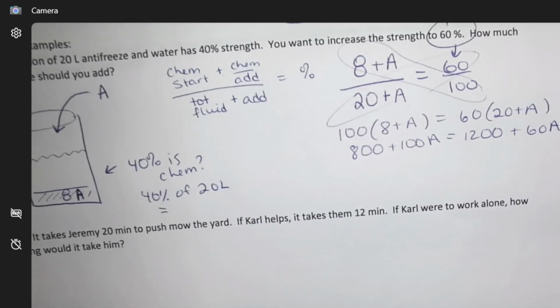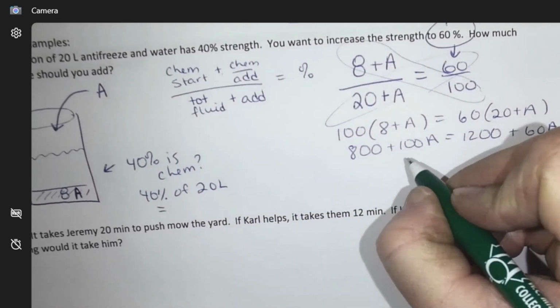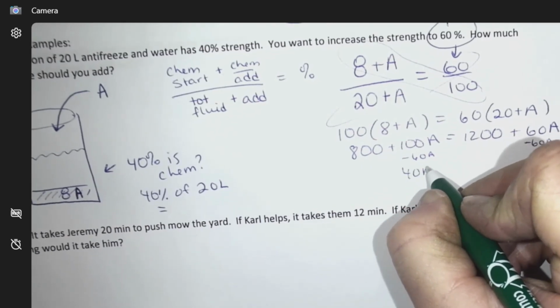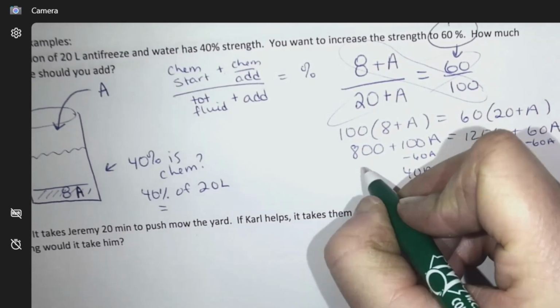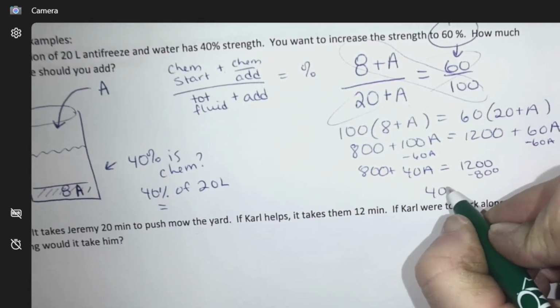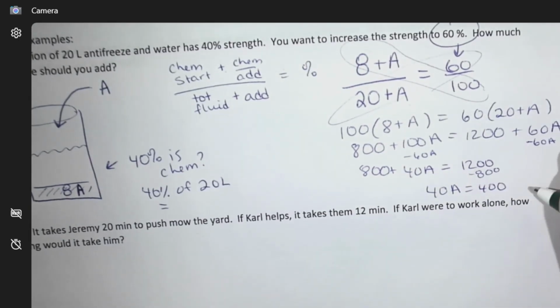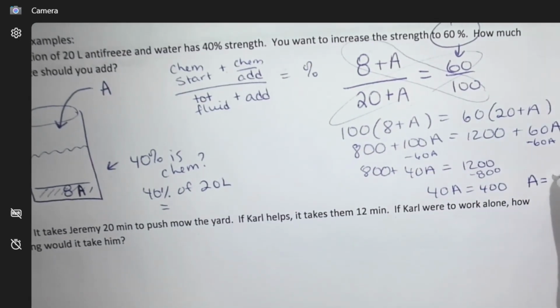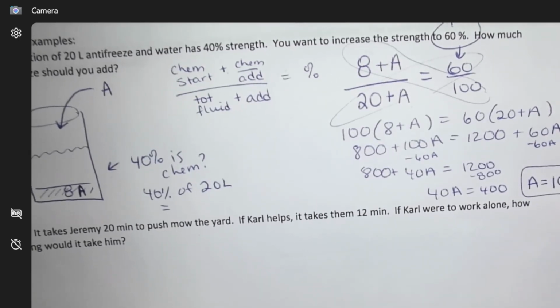And then I'm going to isolate algebra. So collect x's together, collect a's together here. So I'm going to go minus 60a. Okay, isolate, move, divide, and I get 10 liters of antifreeze that I'm going to add to this.